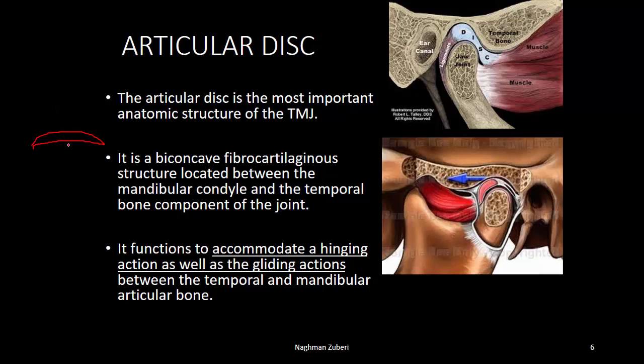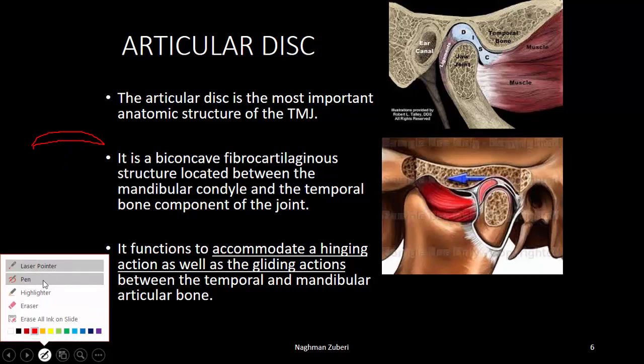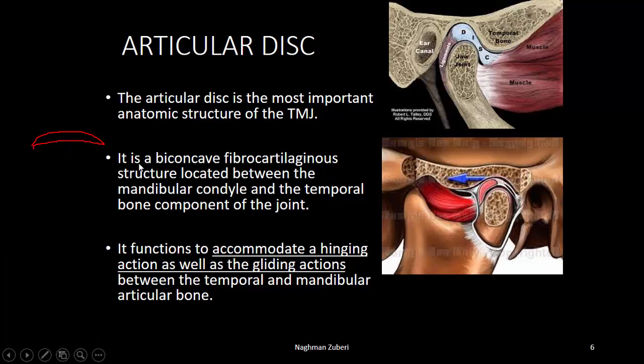That is why we call it biconcave. So it is a biconcave fibrocartilaginous structure located between the mandibular condyle and the temporal bone component of the joint. It functions to accommodate a hinging action as well as the gliding action between the temporal and mandibular articular bones.